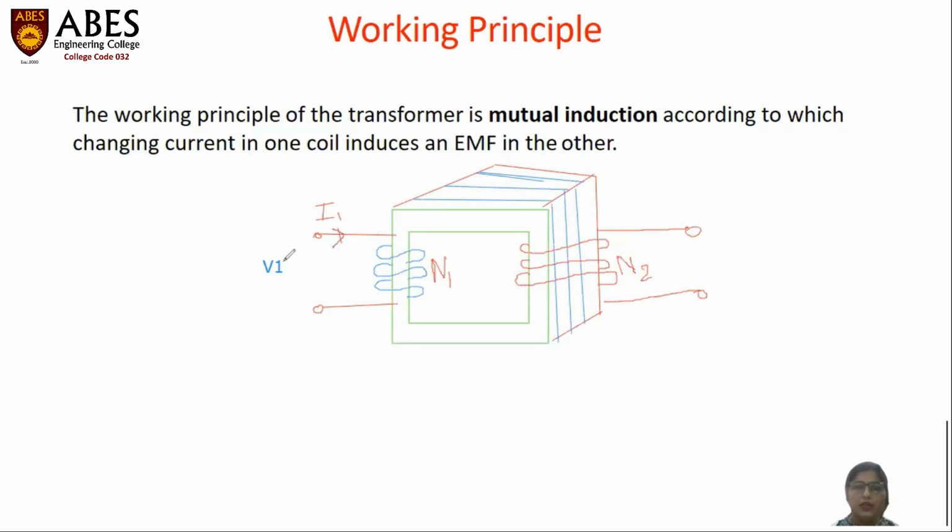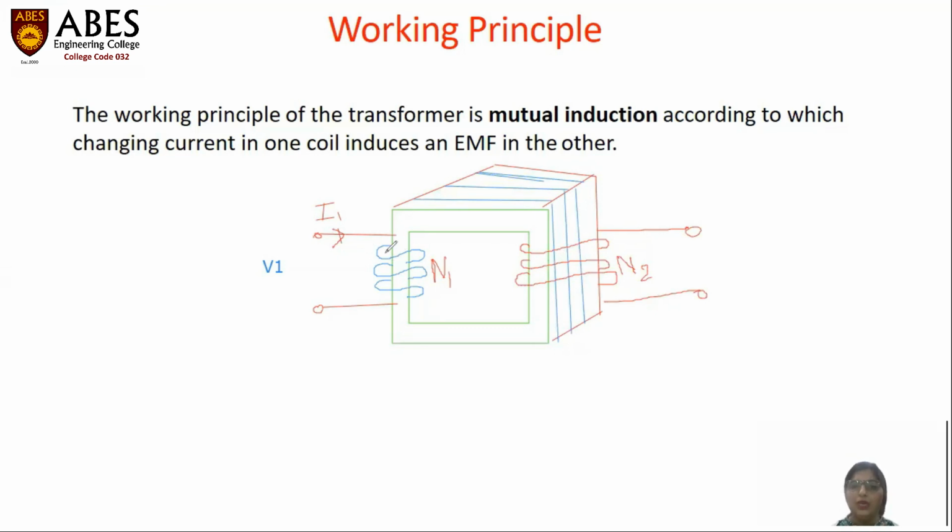So when this single phase supply V1 voltage is applied across the primary winding, the input current I1 will start to flow, and this alternating current will create a magnetic flux. This is also alternating. So when this current flows through the primary winding, alternating flux will link to this primary winding, to this core, and as well as to this secondary winding.